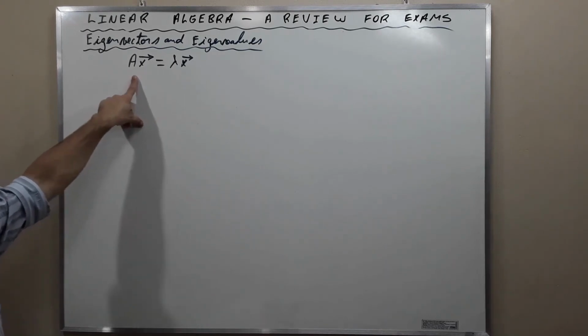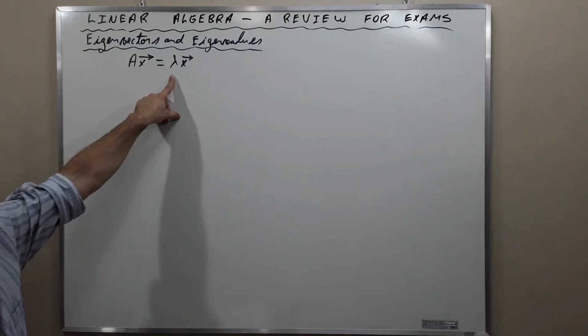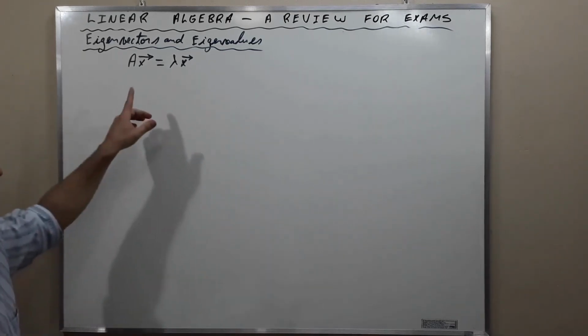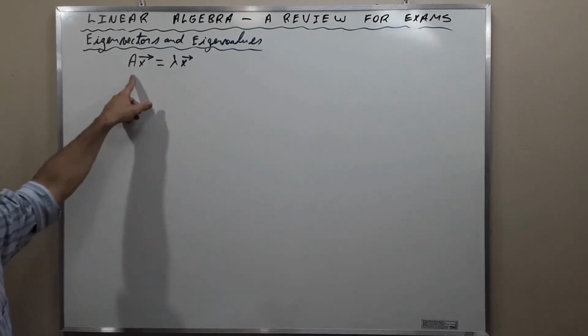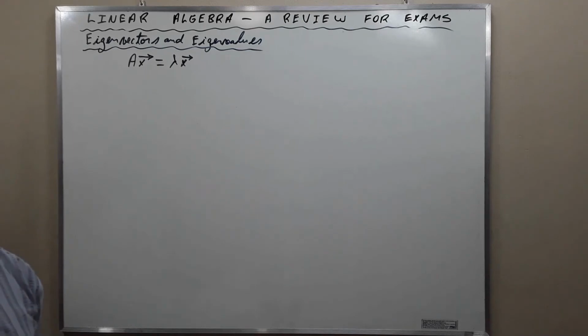Whenever this transformation is equal to scaling a vector, x is an eigenvector of the transformation and lambda is an eigenvalue of the transformation, okay? So this is the definition, the concepts behind eigenvalues and eigenvectors.